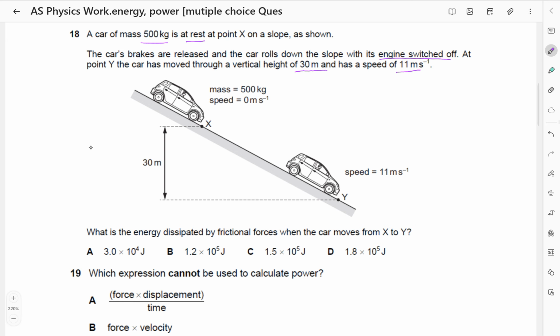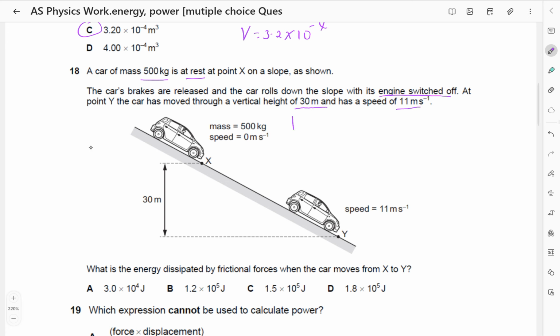So it is going to lose potential energy at point X, and it is going to gain kinetic energy, but some of the potential energy lost is going to be used to do work against friction.